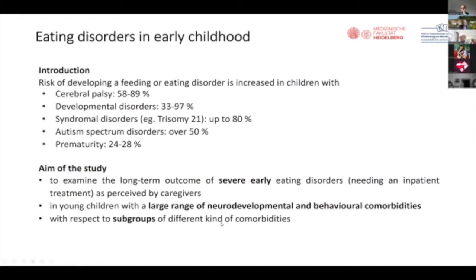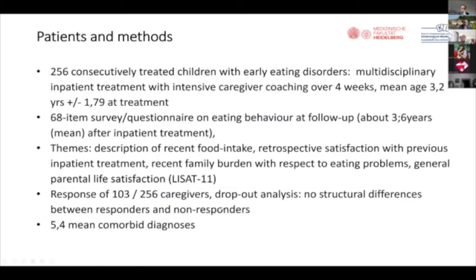We only know that comorbidities are influencing the outcome of early eating disorders. So we addressed 256 consecutively treated children, and we sent them a 68 item survey at follow-up. The mean follow-up period was 3.5 years after inpatient treatment.